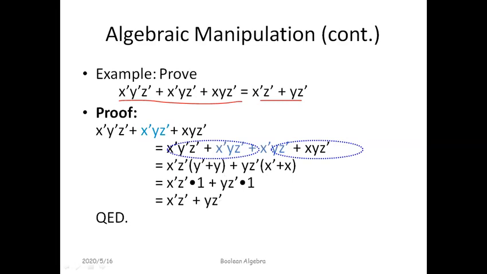After simplifying, collecting like terms, and factorizing the common factors, it's definitely going to show you that x bar z bar plus y z bar is going to be reached, which is what is expected of us.